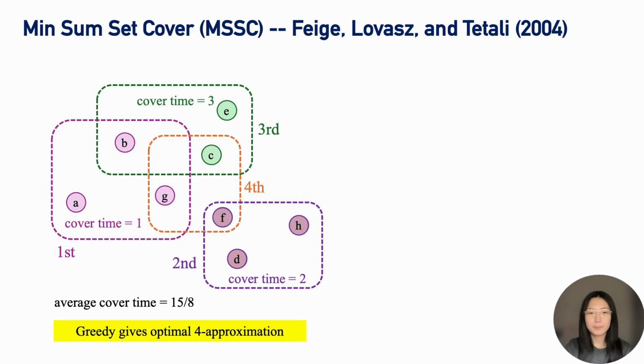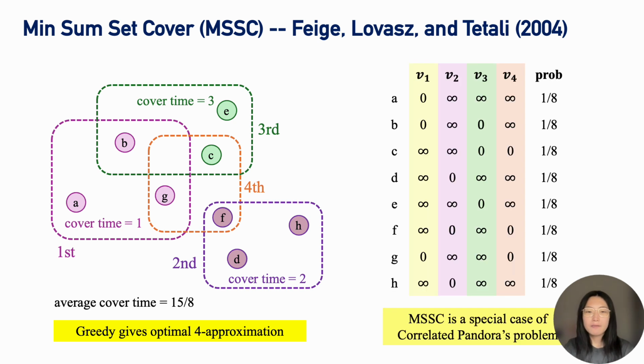of new elements. Indeed, min-sum set cover is a special case of the correlated Pandora's problem, where the volumes are either 0 or infinity. So, without loss of generality, we assume that all the scenarios happen with the same probability. We can consider the boxes as the subsets and consider scenarios as elements to be covered. So suppose V1 corresponds to subset 1, V2 corresponds to subset 2, V3 to subset 3, and V4 to subset 4.